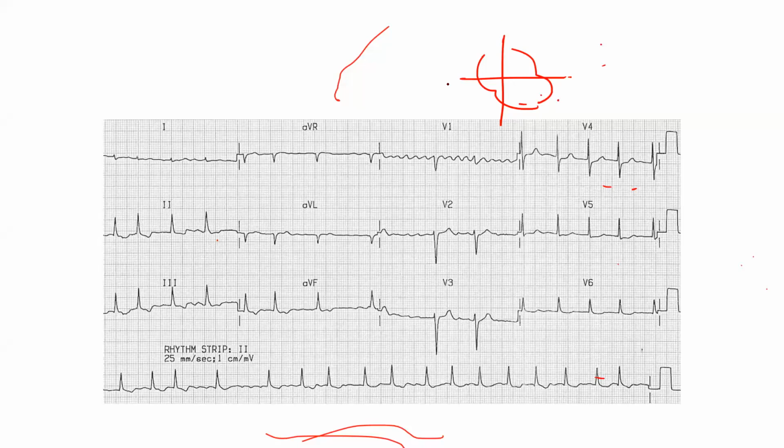If you put lead 2 here, and if you put aVR here, what happens? The aVR will be positive, lead 2 will be negative, which is certainly impossible. So that indicates clearly there is a mismatch in the electrode placement.